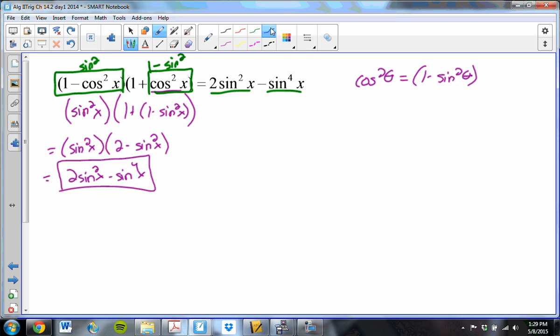I could probably have played with this side also, like made this a sine squared plus a sine squared minus a sine squared times a sine squared. Or I should just factor out a sine squared from everything, really. That's what I should do. Yeah, that looks better. Then take those sines and make them cosines.